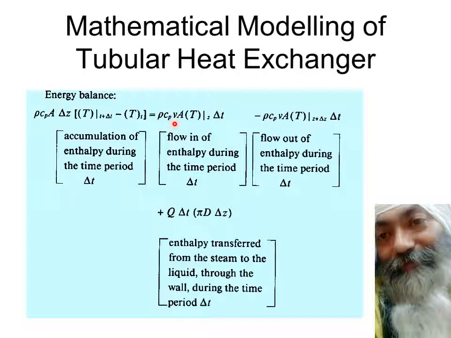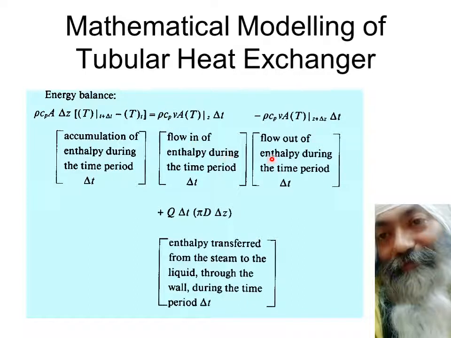Flow rate is the volume flow rate, which is velocity into area, and if you multiply this volume flow rate with density, it becomes the mass flow rate. Mass flow rate multiplied by Cp, multiplied by the temperature at which it's flowing, multiplied by the amount of time for which it flows. This is the total amount of enthalpy flowing into the section, because it's flowing in, that's why we have a positive sign over here.